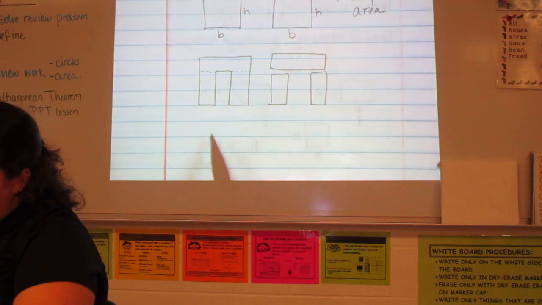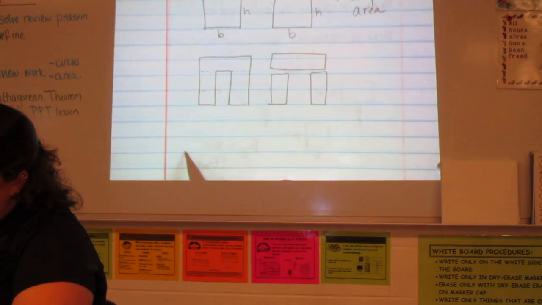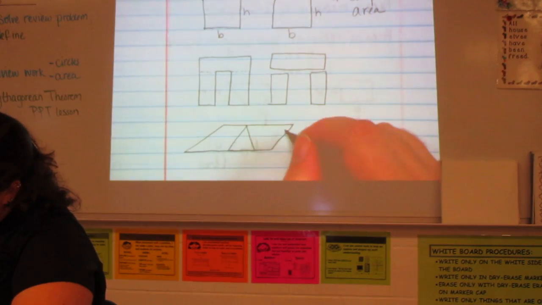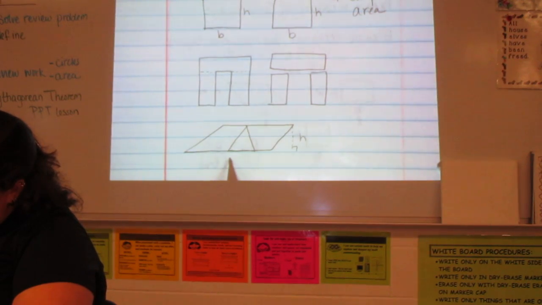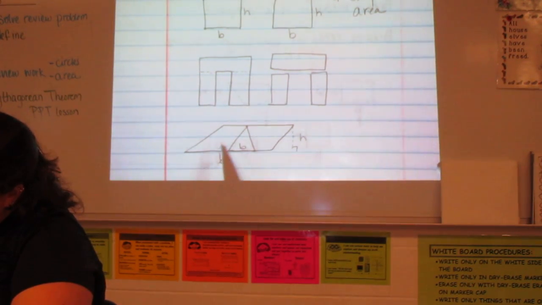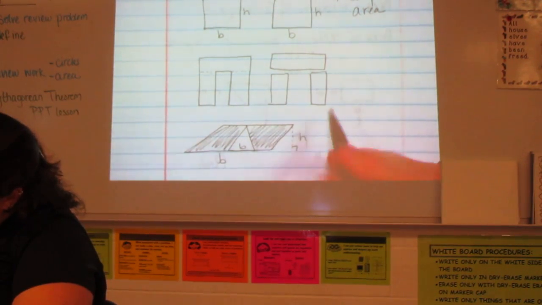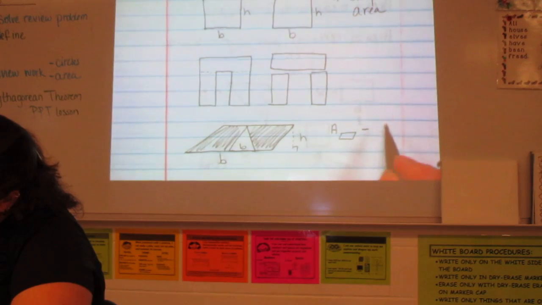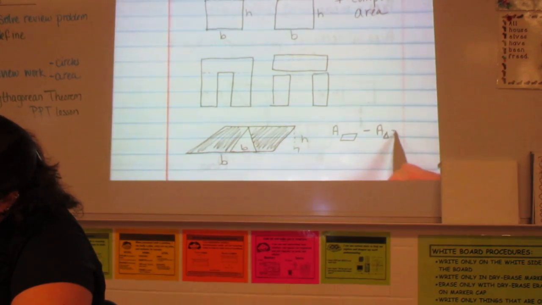Or let's say there's a pattern here and there's a triangle in the middle, and I know the height and the base of the triangle as well as the base of the parallelogram. If I only want to know the area of the parallelogram that's not the triangle, that's when I would subtract. I would take my area of the parallelogram and subtract the area of the triangle.